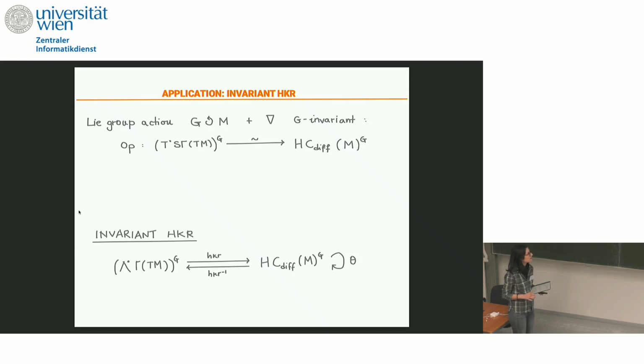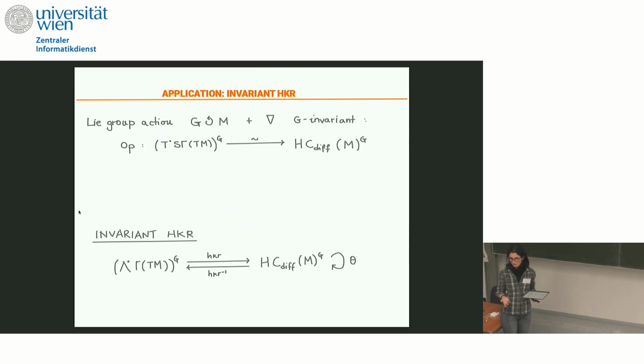But in this case, you can look at it in a completely general fashion. You have a Lie group action. You have to be sure, of course, that you have a G-invariant connection, but then you can actually get an equivariant symbol calculus.